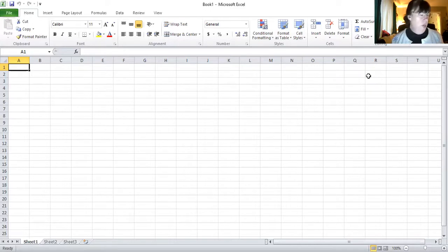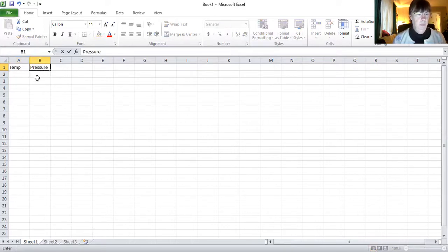I am going to create some artificial data for you. This is actually not the data that you're going to be using. We're going to do temperature in the first column and pressure in the second column. I'm going to start with the 273, but then I'm just going to invent some other numbers here for us to use.